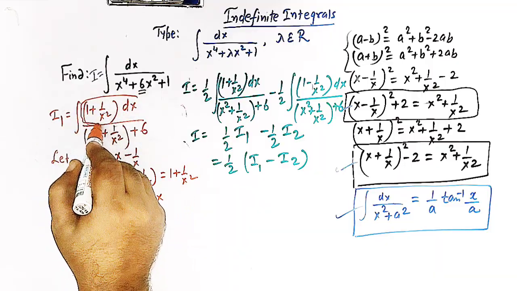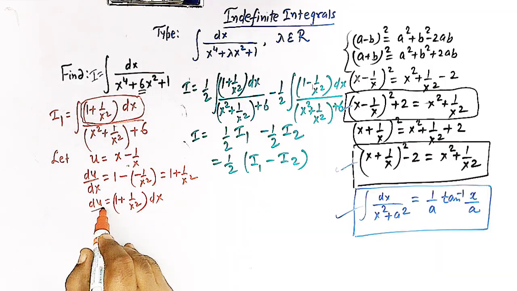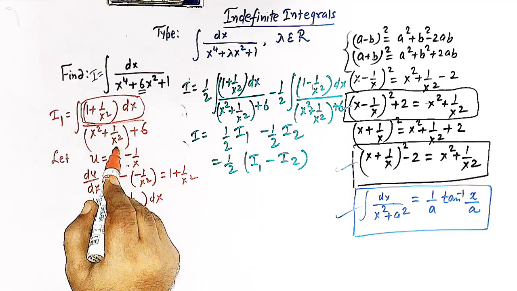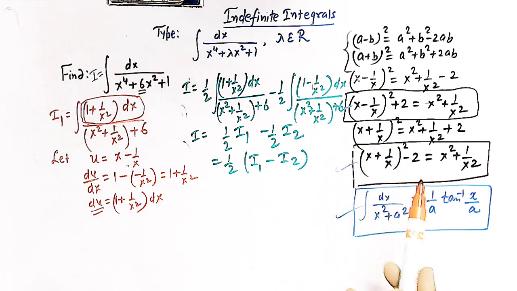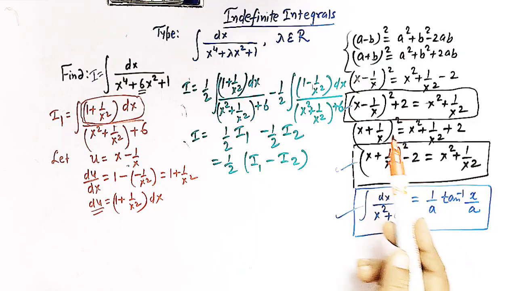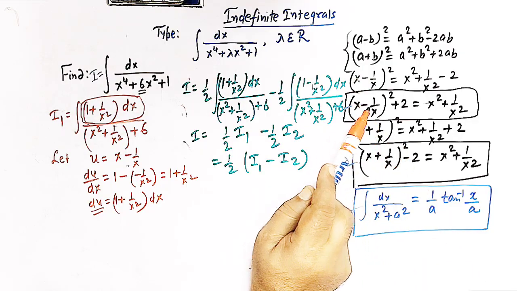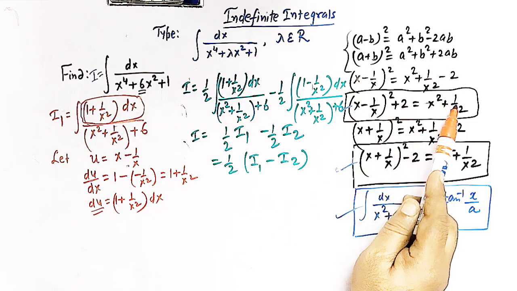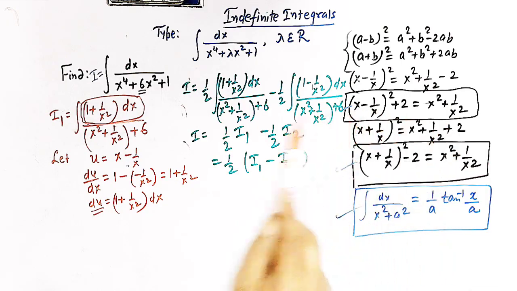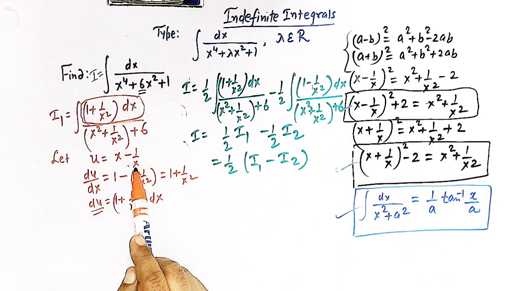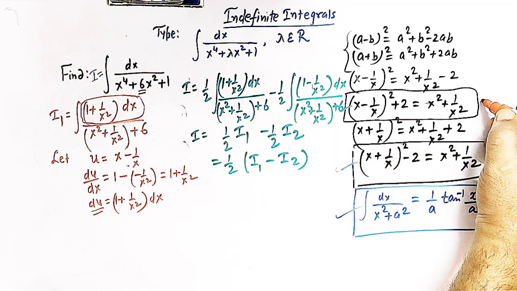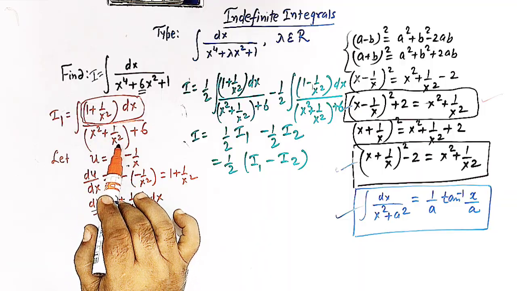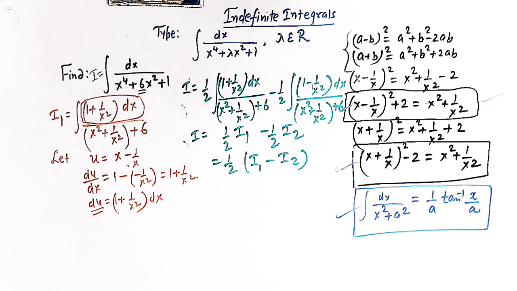So for this quantity, we can simply write du, and in the denominator we have x square plus 1 over x square. We can now use this expression, that is x minus 1 over x, whole square, plus 2 is equal to x square plus 1 over x square, right? Because here we are taking u is equal to x minus 1 over x, we'll make use of this expression to express x square plus 1 over x square in terms of u.